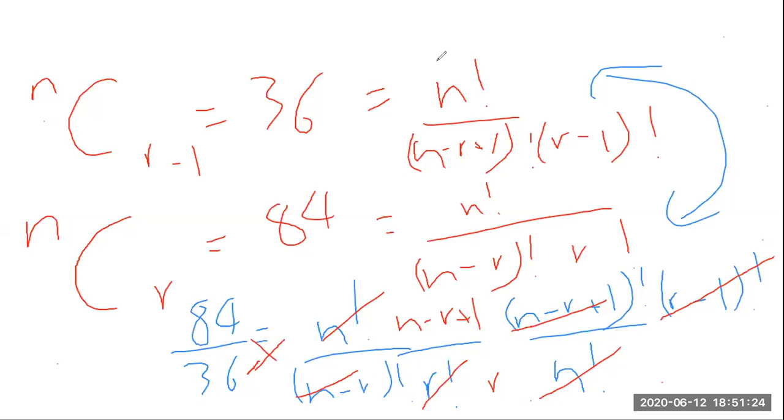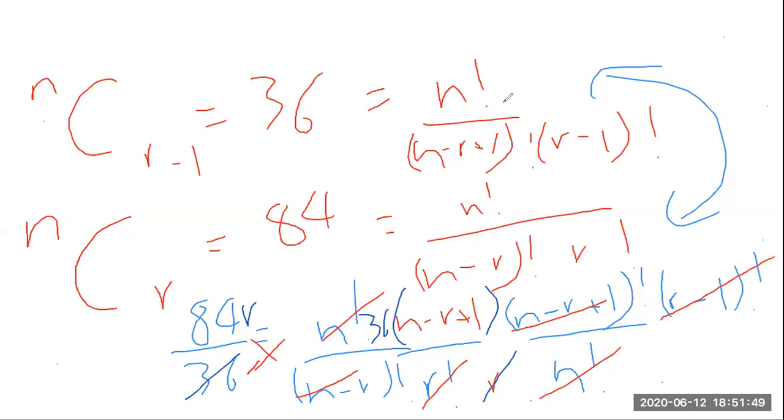If we multiply by 36r over here, we would get 84r, and if we multiply by 36r over here, we would get 36 times n minus r plus 1.